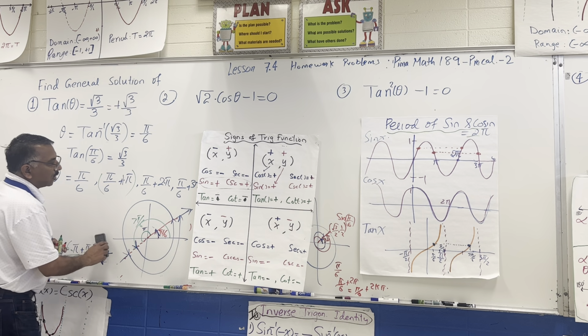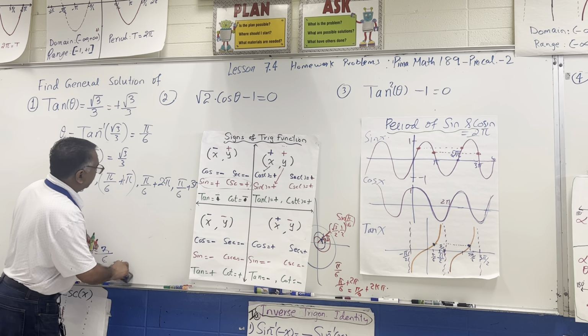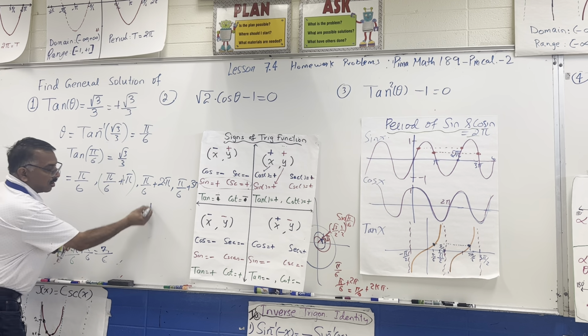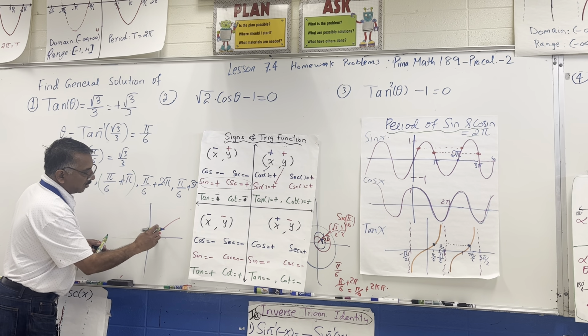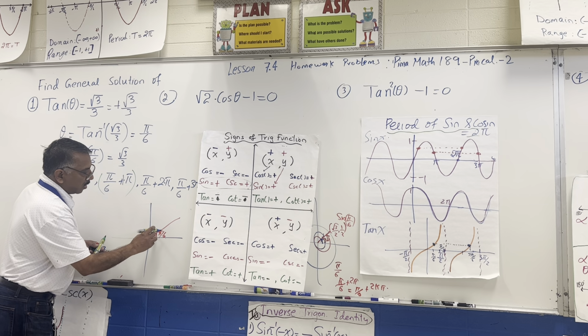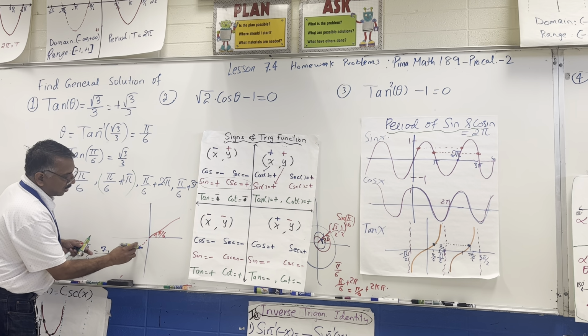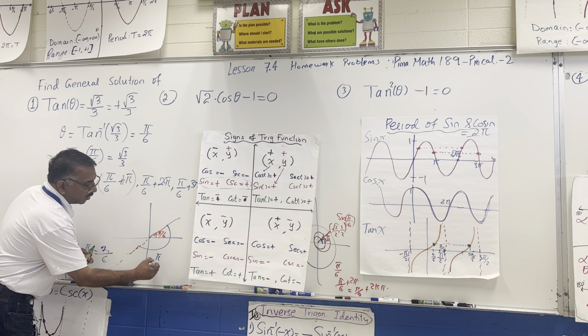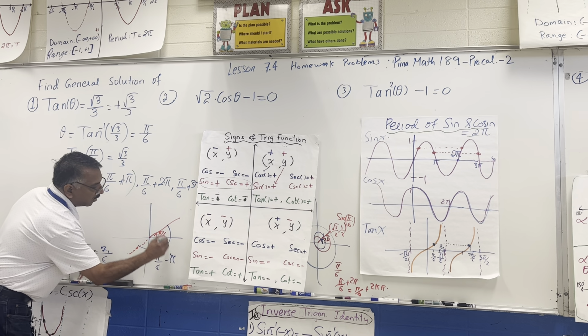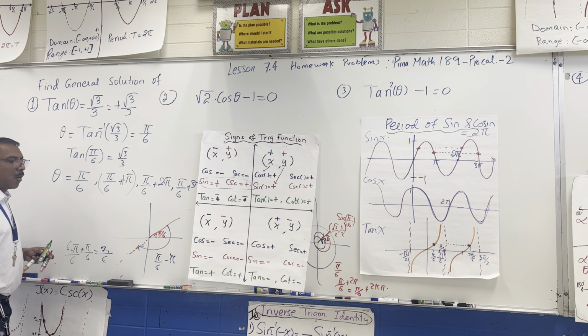So in general, we can say not just that. Watch this. Suppose the angle is pi by 6, this is pi by 6. Okay, and then you can go on the other side. This angle is pi by 6 minus pi. So you're going in the clockwise direction.